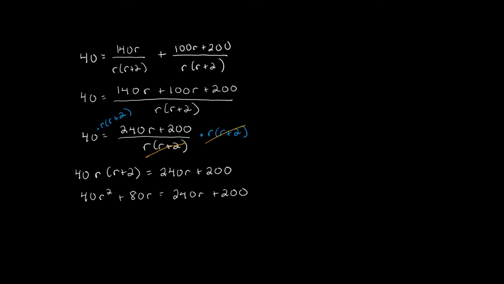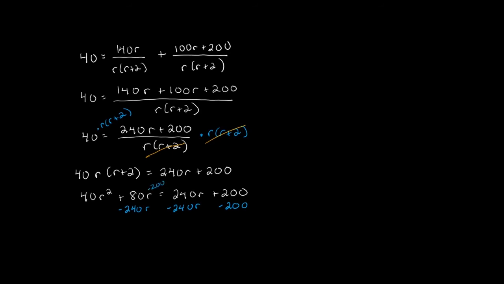As soon as you see that you have a quadratic equation, you have that x squared, you have to get everything on one side. So I'm going to subtract 240r from both sides. And then I'm also going to subtract the 200 from both sides.